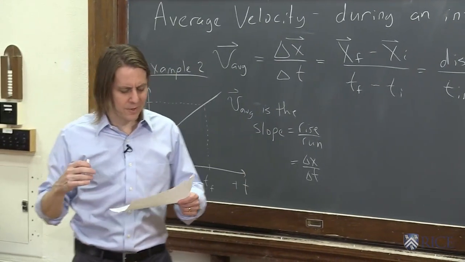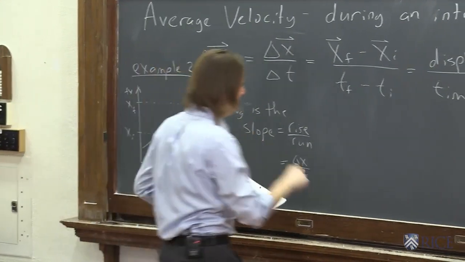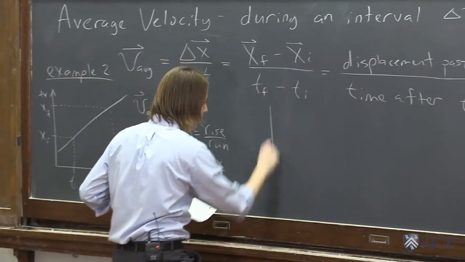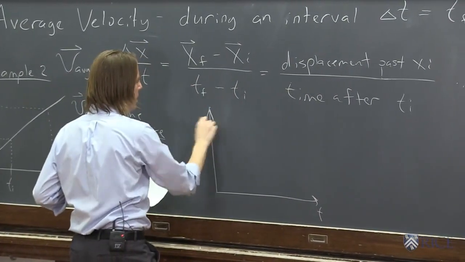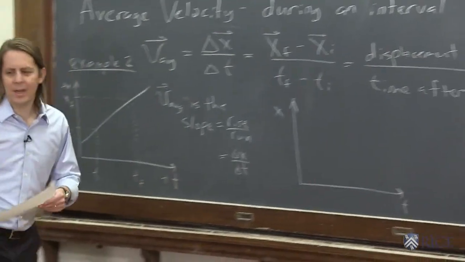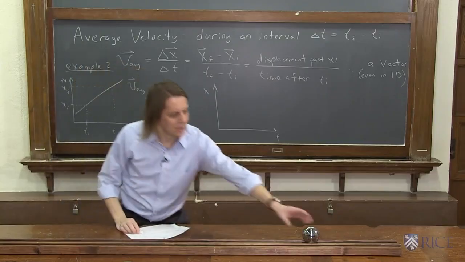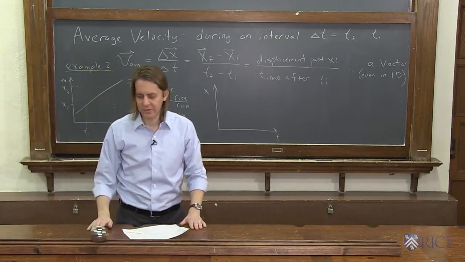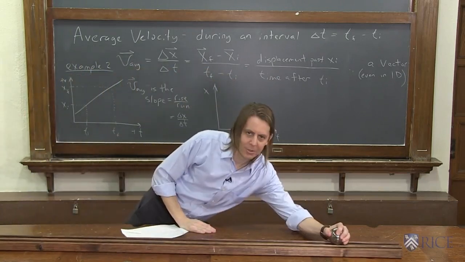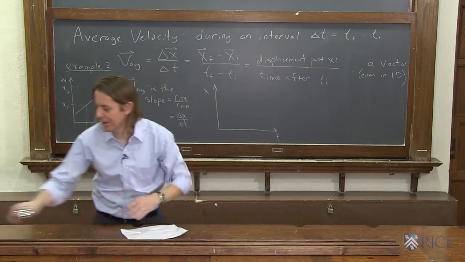What we're going to do is a second example. Let me go ahead and start drawing it here. I don't have a lot of room. T, x, another xt plot. And we're going to have Hal go for a while, sort of this fast, and then speed up, and then stop. All right, so let's do that one more time.